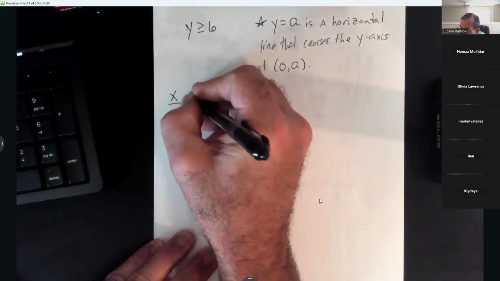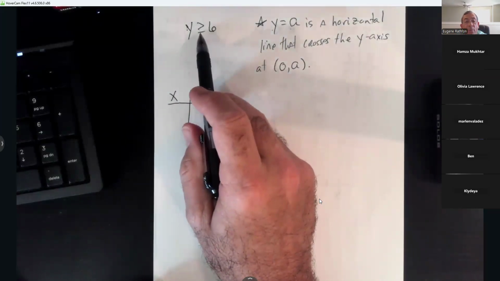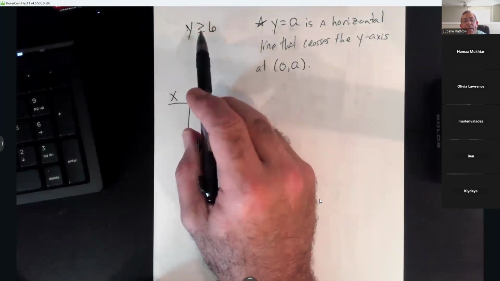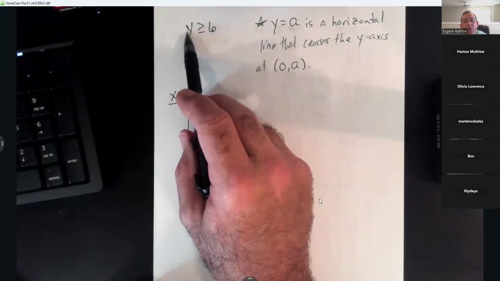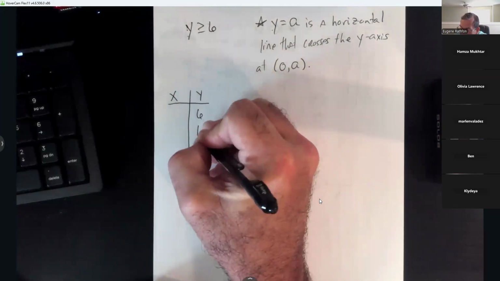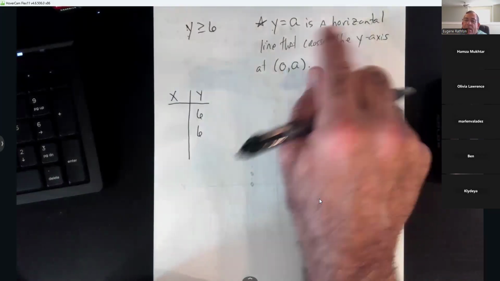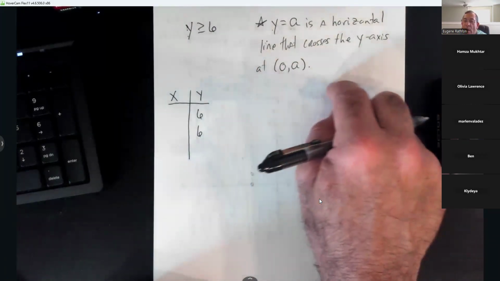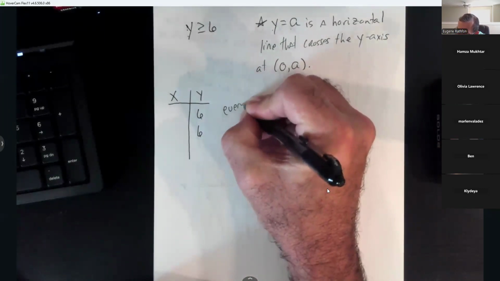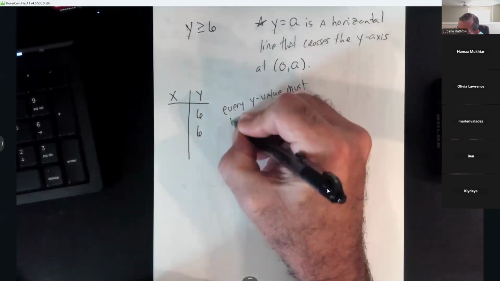Now, on this table, it's similar to the X line. Because notice, you don't have an X variable here. So that means that every single Y value will be 6. So that's the beauty of a horizontal line. Horizontal lines all have the same Y value, okay? So that means every Y value must be 6.